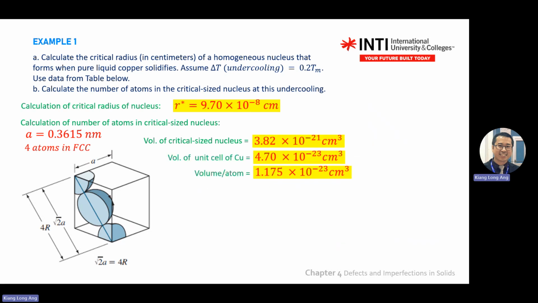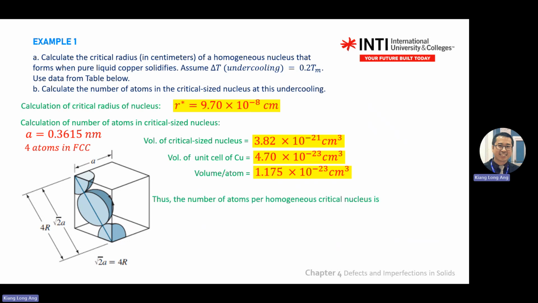So you have three values there. You already calculated the volume for the critical size of a nucleus. Then for FCC, the unit cell is 4.7, and the volume for one atom is 1.17.